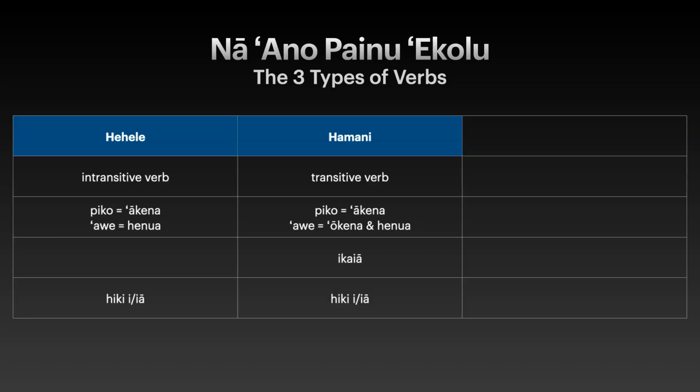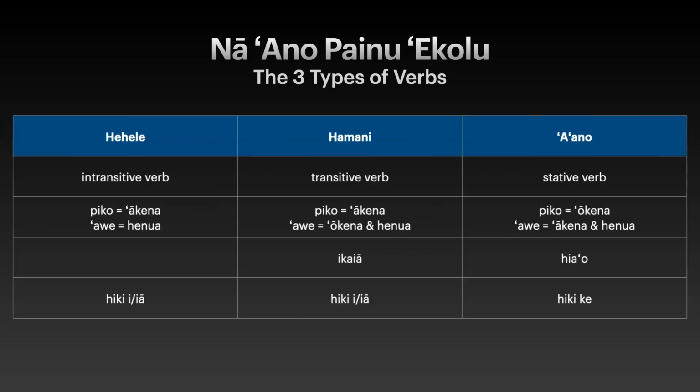So usually if we have an ʻAwe, the first one will more than likely be the ʻOkena, and any other ʻAwe after that are going to be location phrases or henua. When we make a regular pepeke painu using a hamani, this is what we call the ʻIkaia. So we have to use the ʻIkaia version when we use hiki, so hiki ʻi or hiki ʻia.